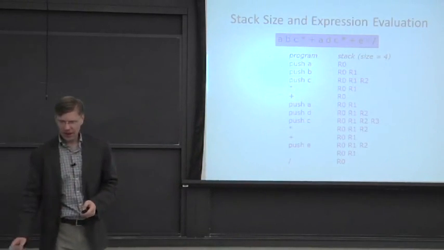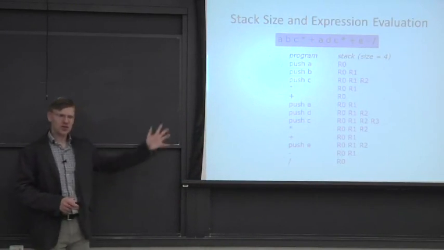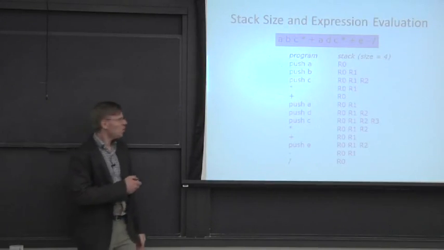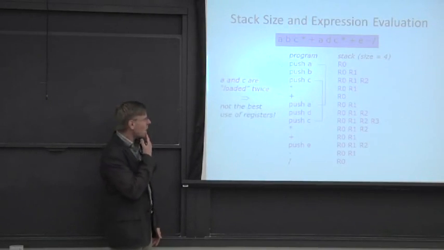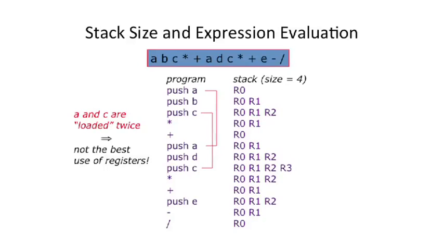So to sum up here about stack-based machine models, they look pretty cool, but not all things are great at all times. One of the interesting things here to see is we actually push A, and we push A again. So we're doing redundant work. And we push C, and we push C again. C and A had the same value both times we pushed them.